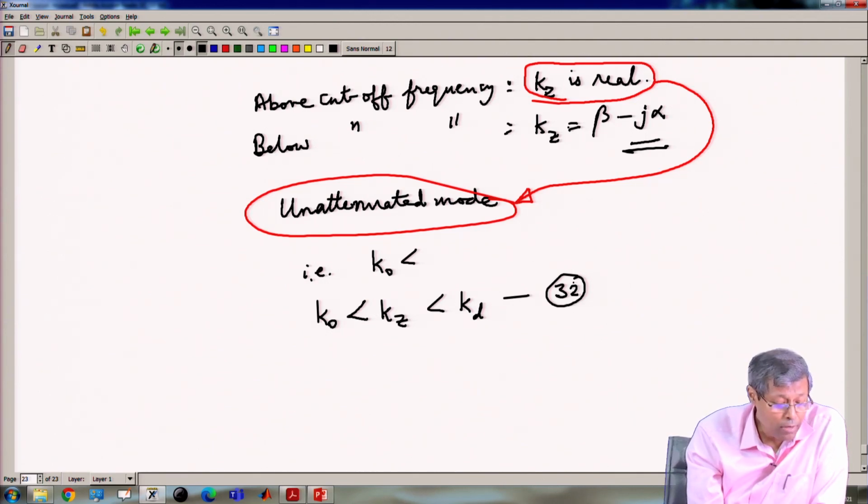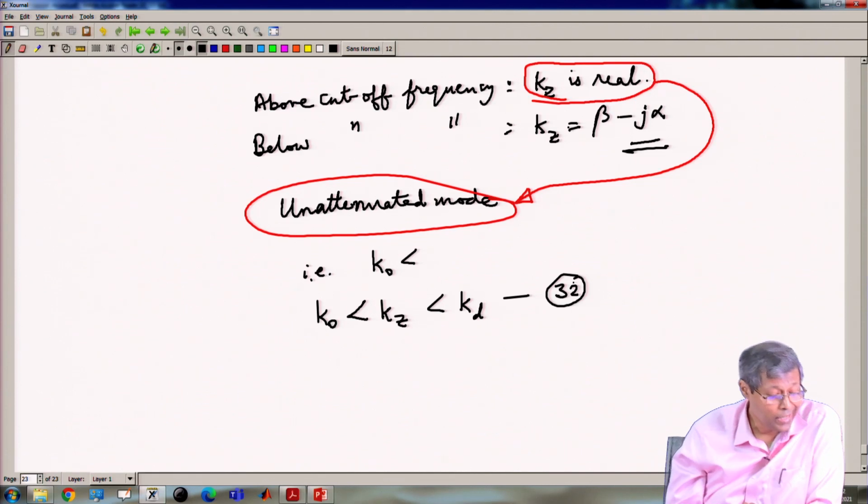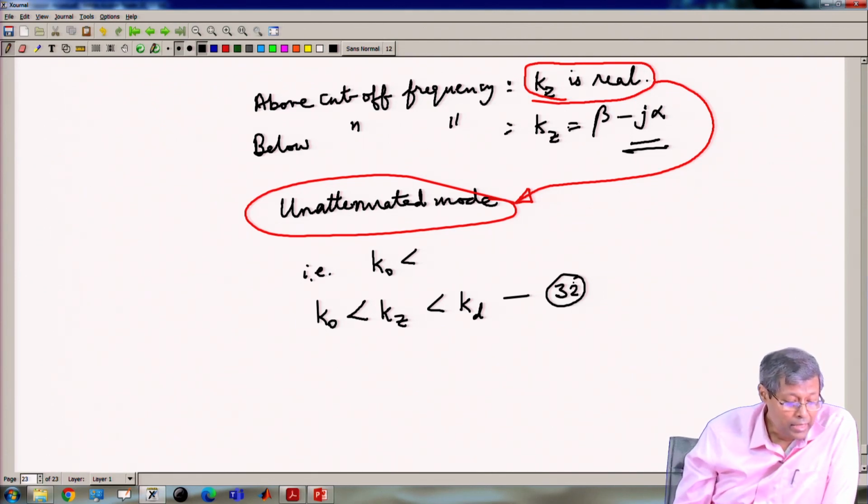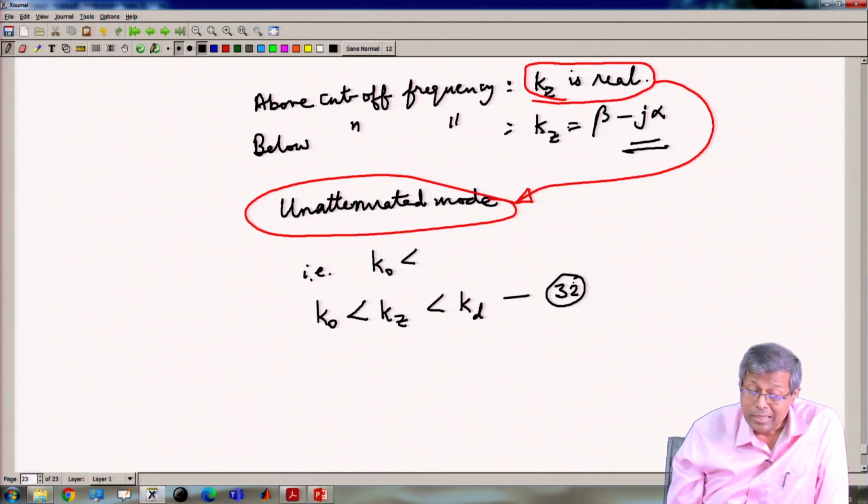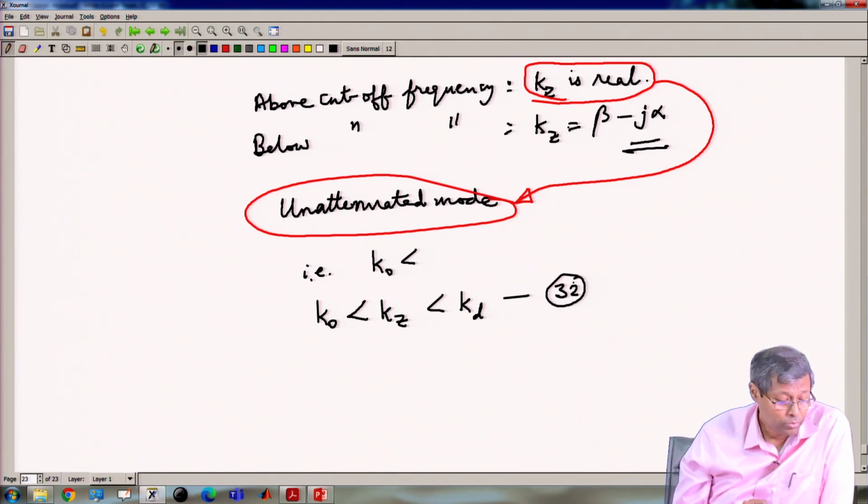We go back to equation number 7, we see that kz is less than kd, because u square plus kz square is kd square. So, kz is less than kd. Now, if kz is greater than k naught, then V is real.